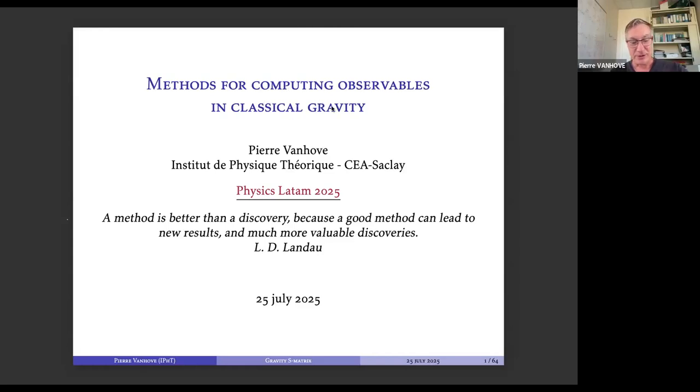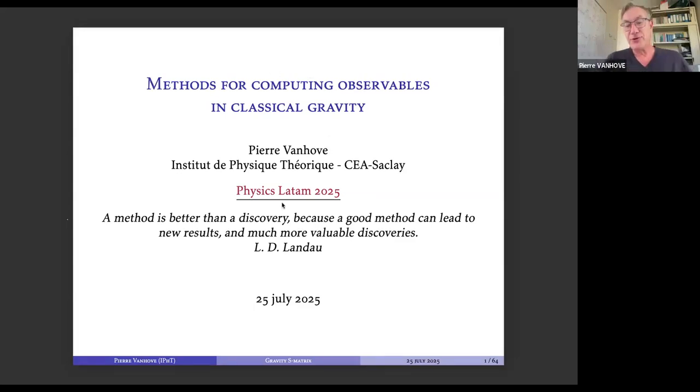I will try to convey the ideas behind the most recent developments that the field of post-Newtonian and post-Minkowskian expansion has experienced in recent years, under the impulsion of new techniques from scattering amplitude methods.